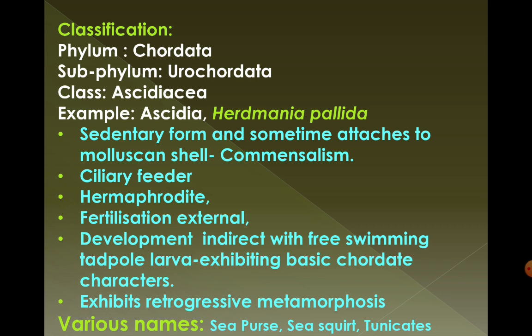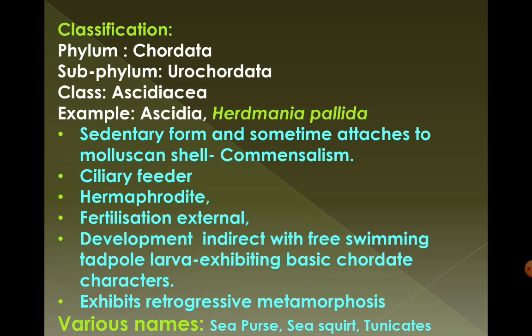It is also called tunicates because the matrix of the body wall of this Herdmania is made up of a substance called tunicin, and because of this tunicin it is called tunicates.